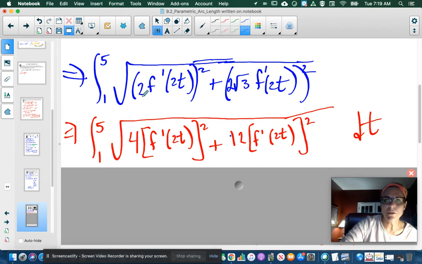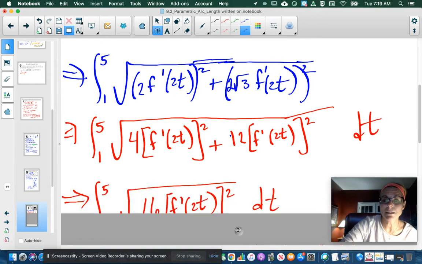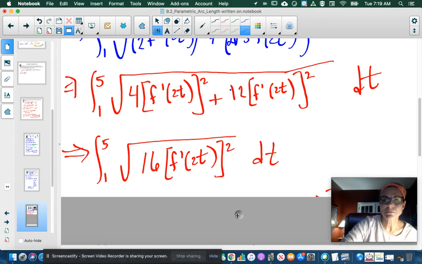If you square this 2, you get 4. If you square this, you get 12. What we know about like terms, this is f prime of 2t squared, f prime of 2t squared. We can add the constants in front. 4 plus 12 is 16.